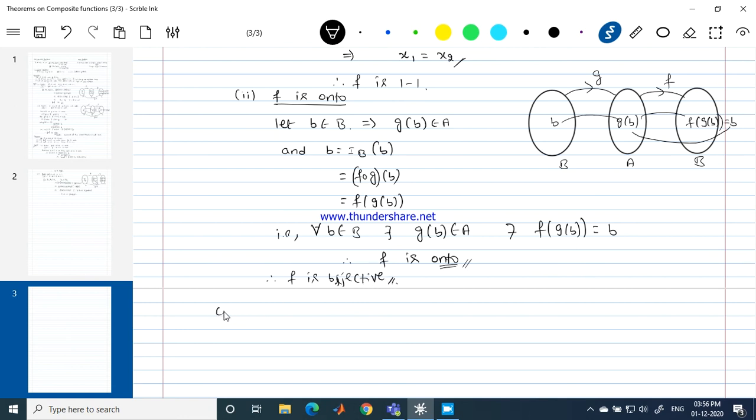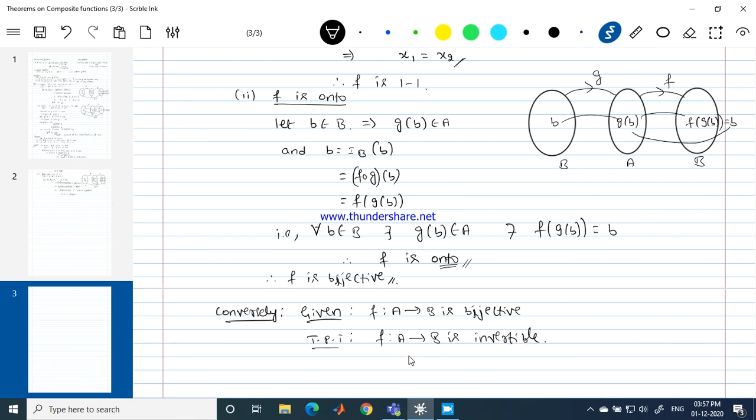Now the converse of the result. Conversely, given f from A to B is bijective, we need to prove that f from A to B is invertible.